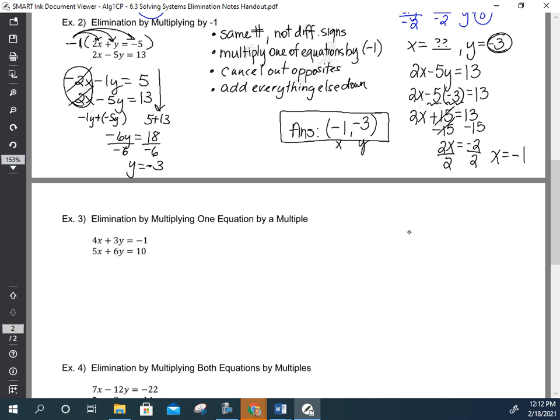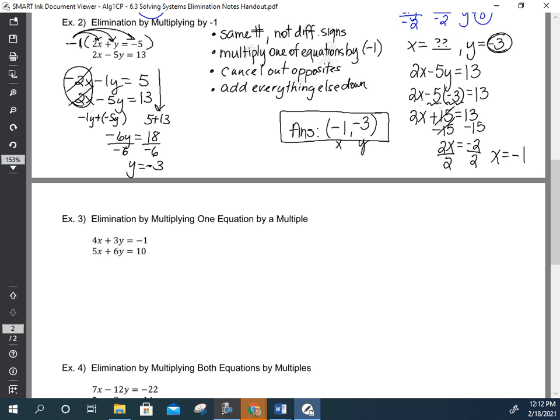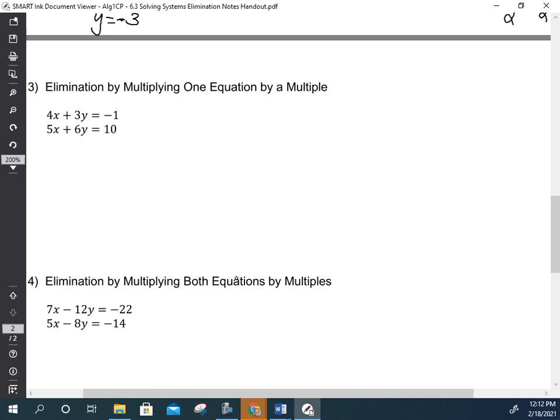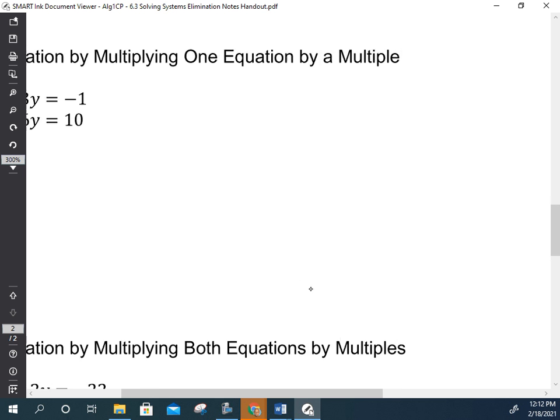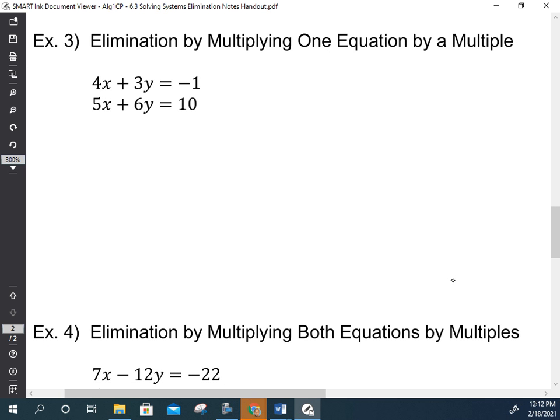So, let's look at example number 3. So example 3 is on the screen. So, multiplying one equation by a multiple. So remember, we need the same number and we need different signs.